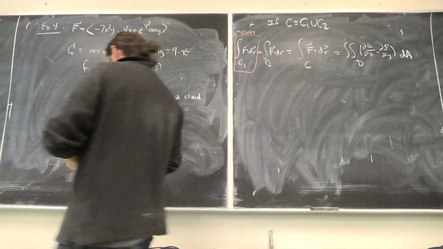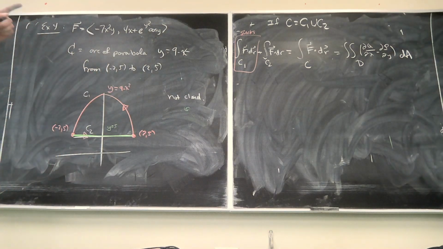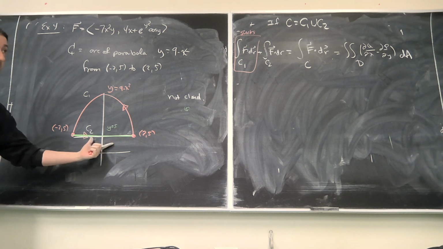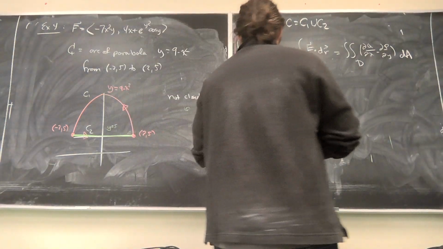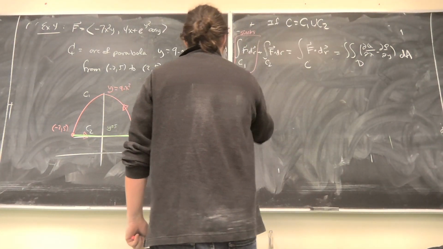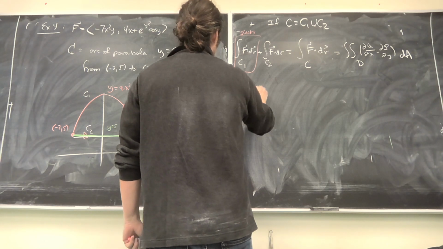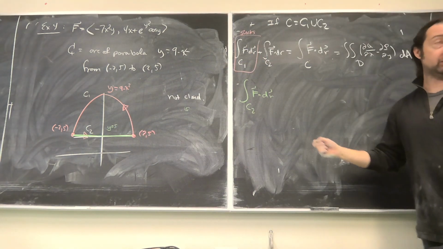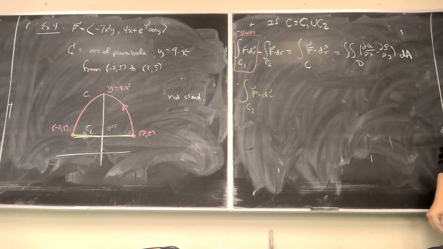Okay, so what we're going to do is start working on the other two parts of the problem and hope that they work nicely. So we're using this closing trick to apply Green's theorem. First thing we'll do is the integral on the green piece there, so the integral on C2 of f dot dr. I do have to do a parametric integral here because it's an integral on a line segment.